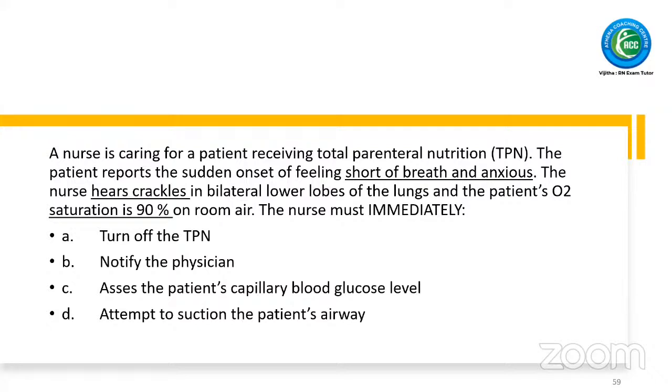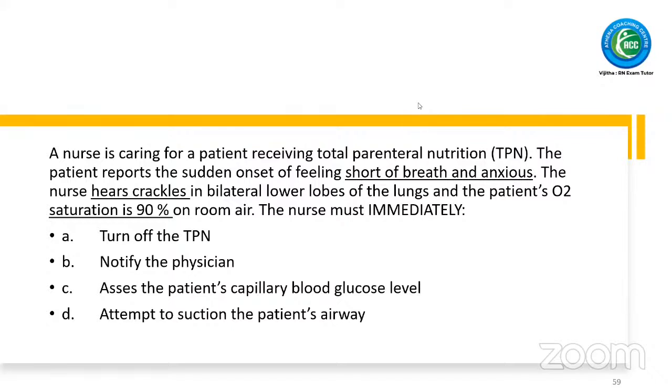The nurse hears crackling sounds in the bilateral lower lobes of the lung and the patient's oxygen saturation is 90. What must the nurse do immediately? First of all, what is this indicating? Circulatory overload.